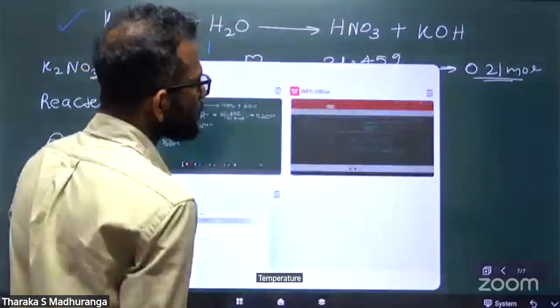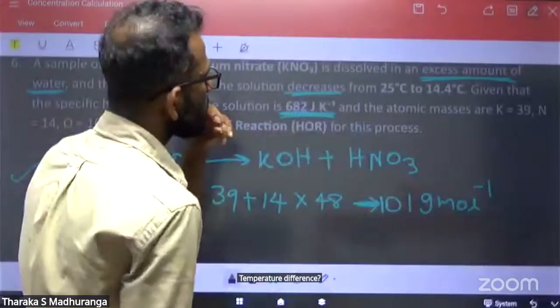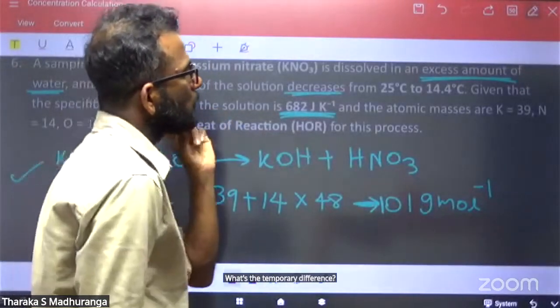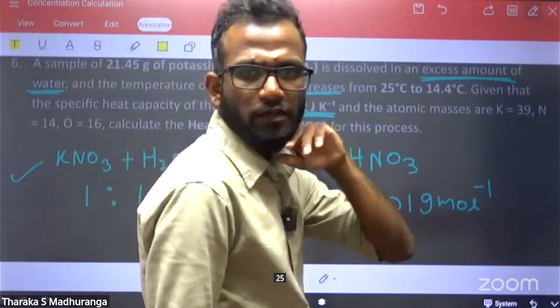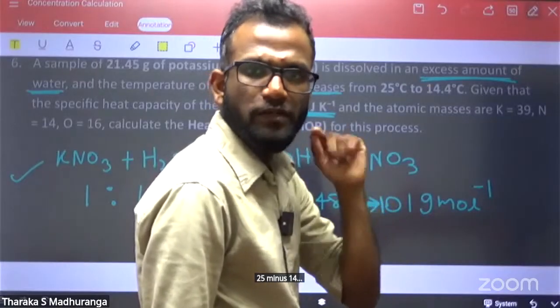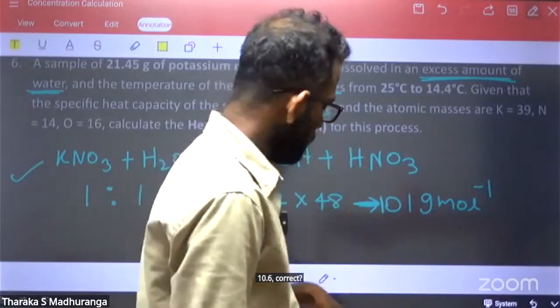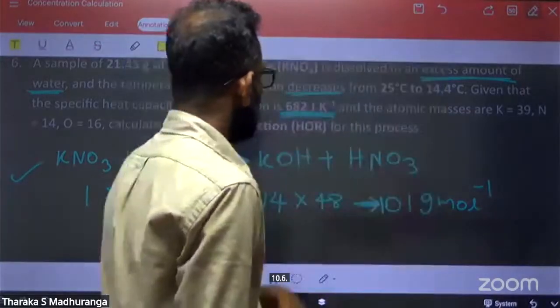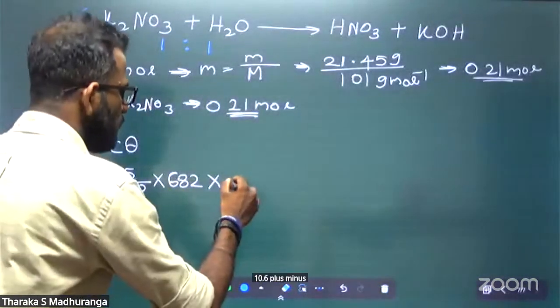Temperature difference. What's the temperature difference? 25 minus 14.4, 10.6, correct? 10.6, plus or minus no need, 10.6.